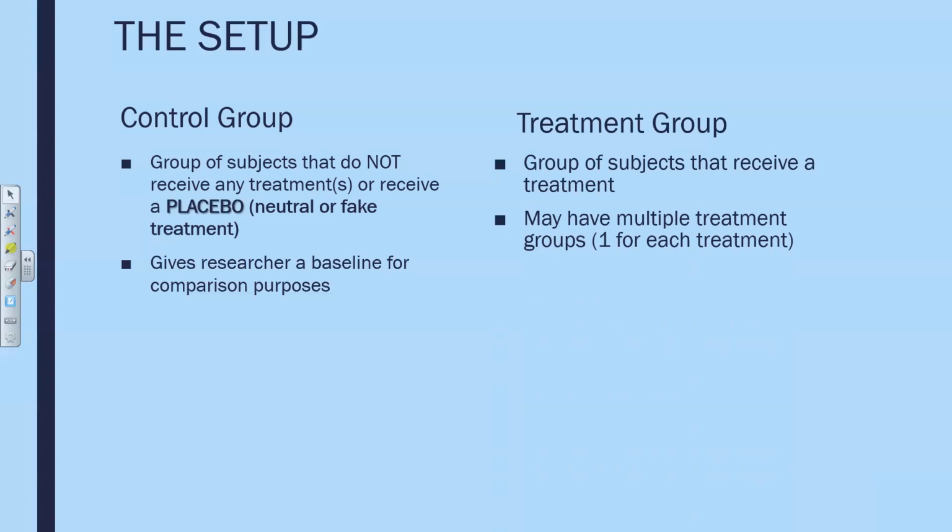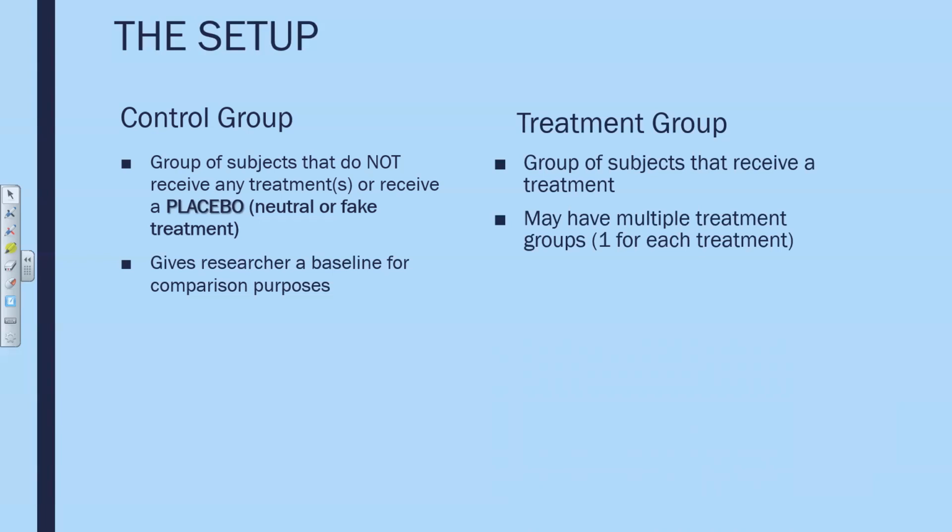And you can have multiple treatment groups. I would have 3 treatment groups because I have fertilizer A, fertilizer B, fertilizer C. So that's 3 groups. But now notice each group only gets 1 treatment. I'm not mixing fertilizer A with fertilizer B or fertilizer B with fertilizer C. Each group gets 1 treatment.